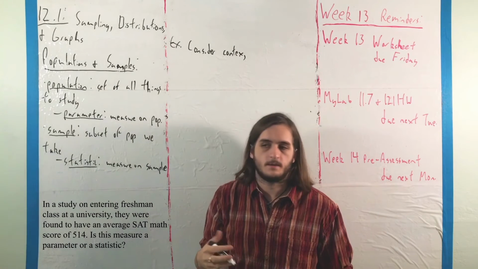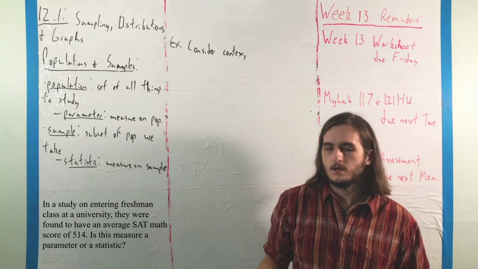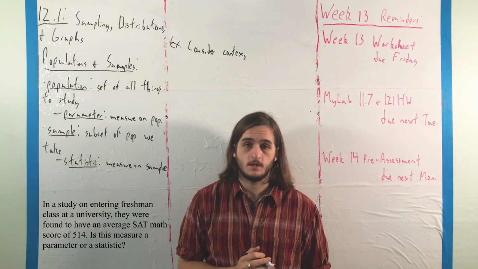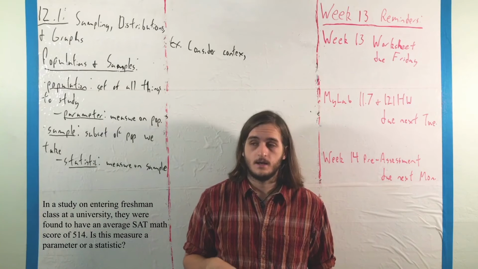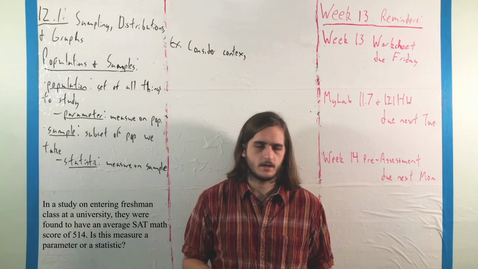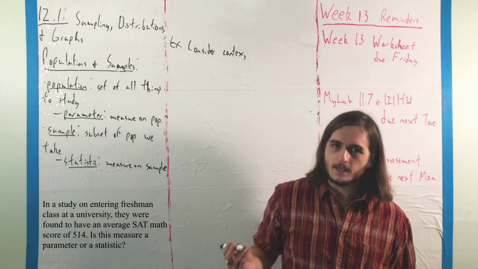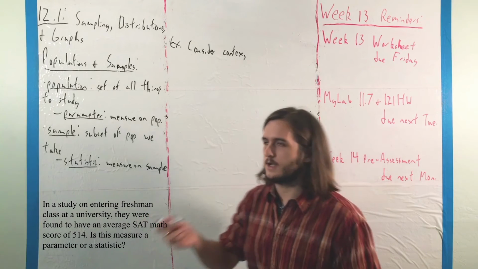What we want to do is think about whether those freshmen are presented as anything else. If we're talking about those freshmen in terms of all students at the university or all freshmen at any university in any place, whether that's America or abroad, then what we have there would be a sample. But here, we're not seeing them in a broader context.